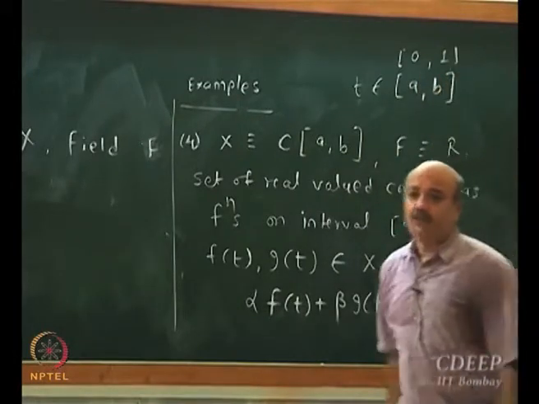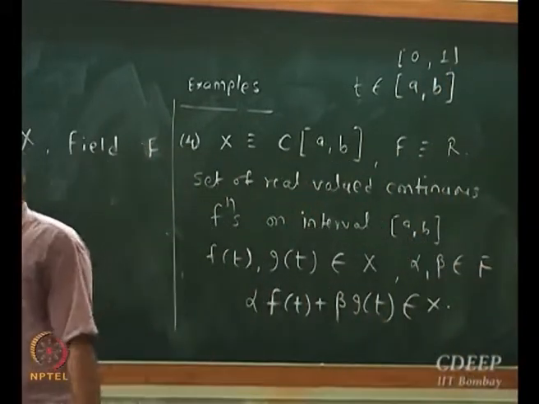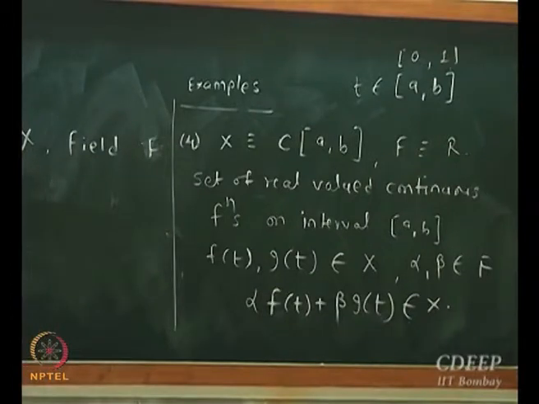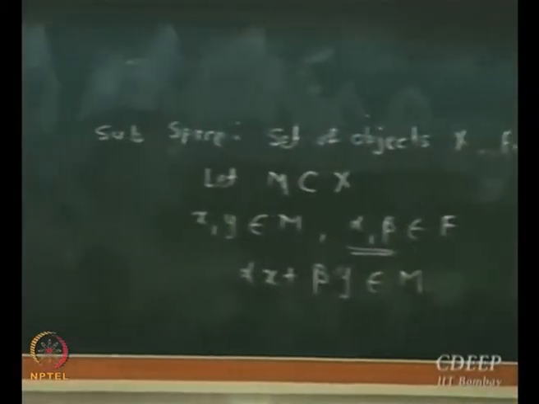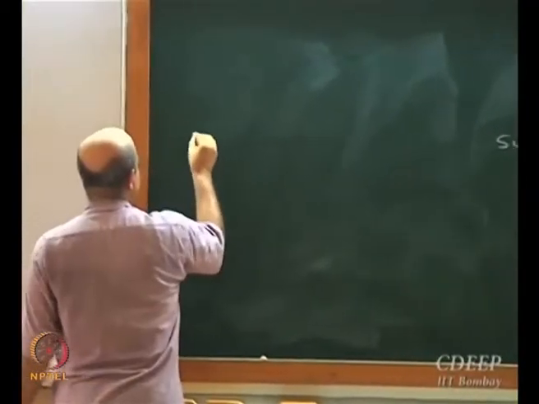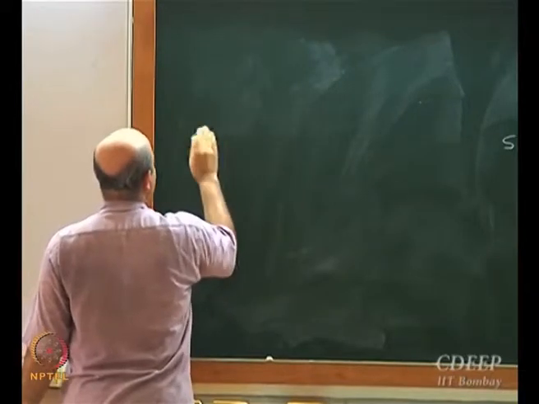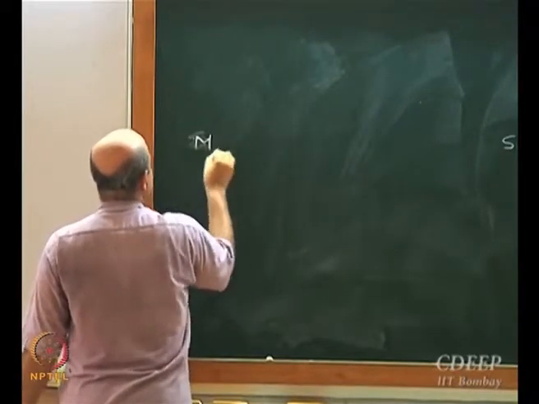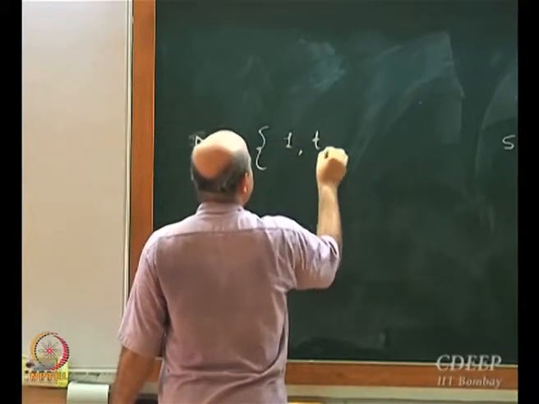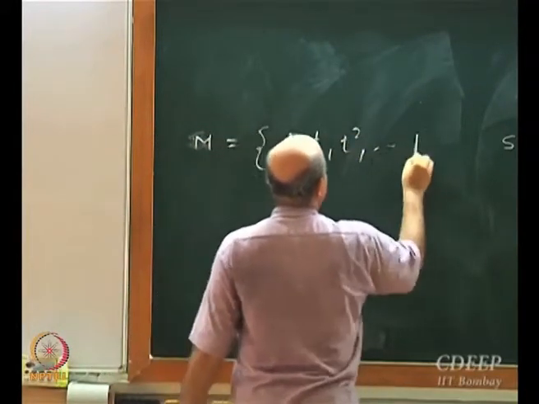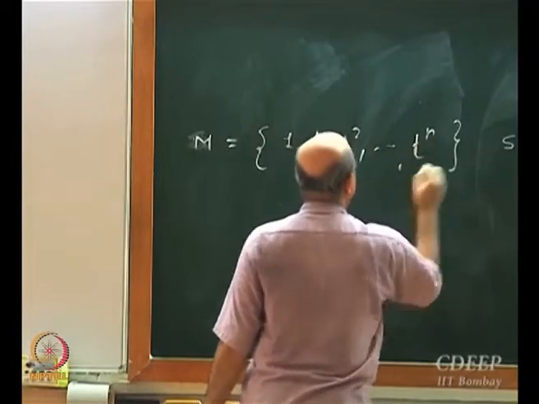So what will be that set? Let me take this set M, which is 1, t, t squared, up to t to the power n.